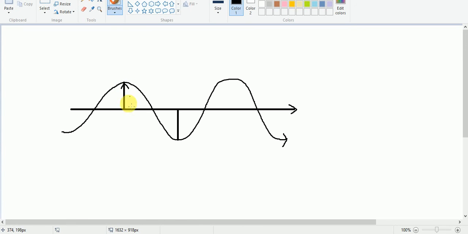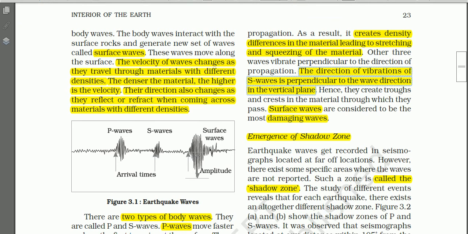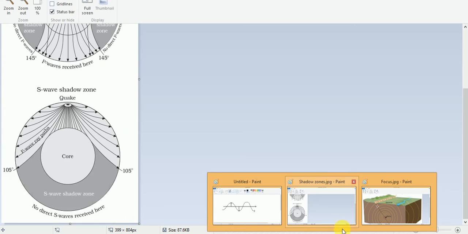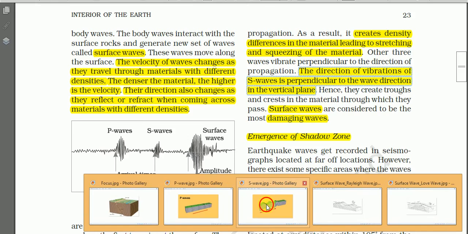So in this way, perpendicular to the wave direction. Okay, the vibration of the S wave is perpendicular to the wave direction in the vertical plane. Just see this diagram very carefully.